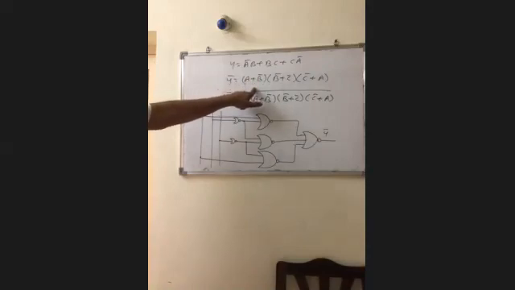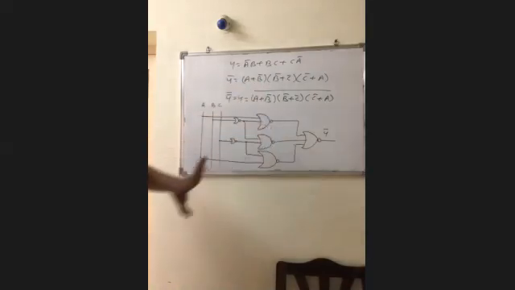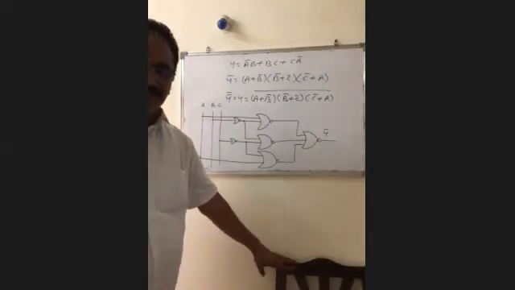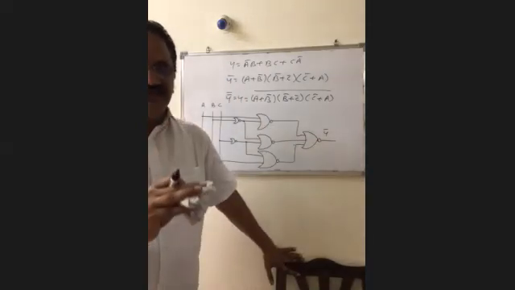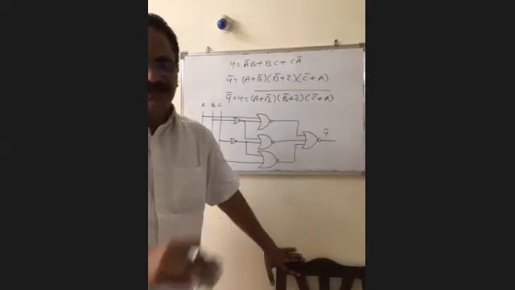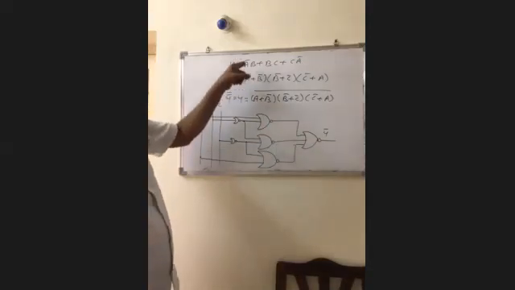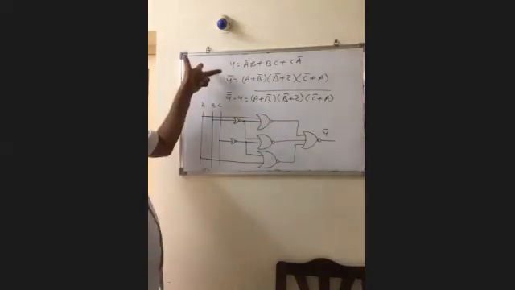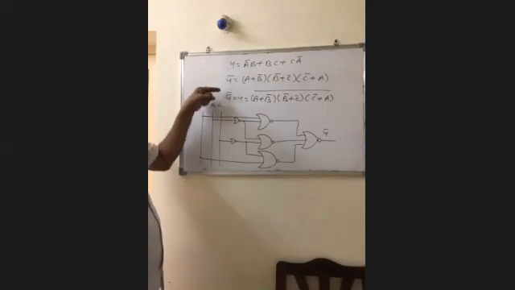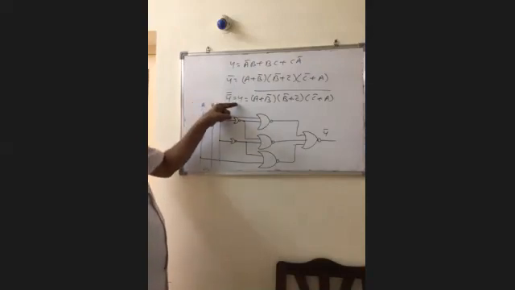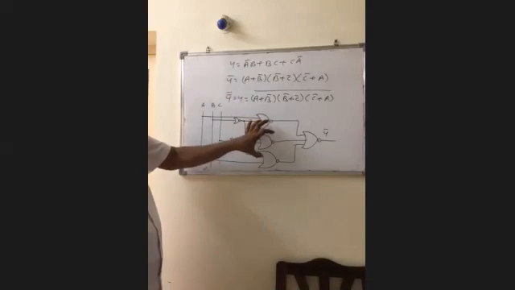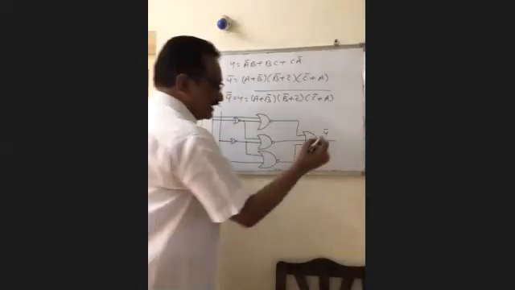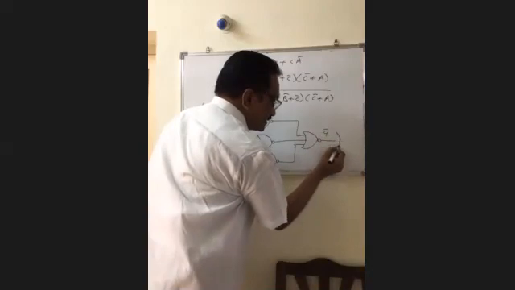To realize the POS expression by using only NOR gates, what is the procedure? First level gates are NOR gates, and the second level gate is also a NOR gate. So this is to realize the Y bar, not Y. To realize Y double bar, that is equal to Y, connect here one single input NOR gate.